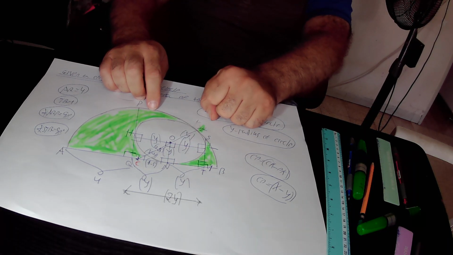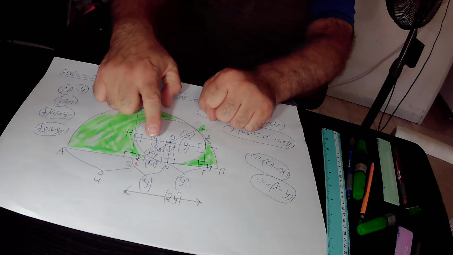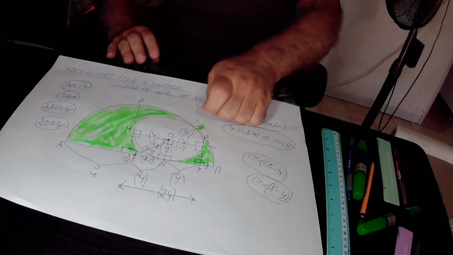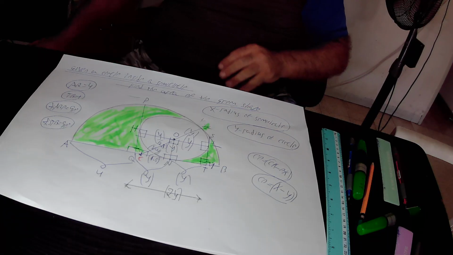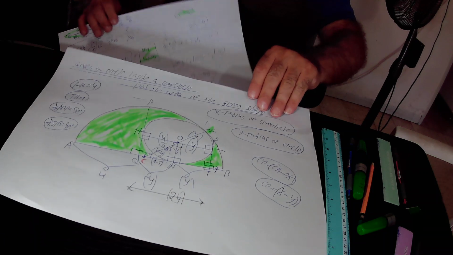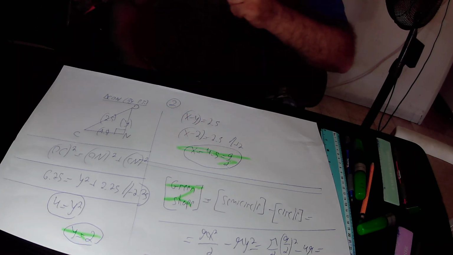In the next step, I copied the right triangle OCN onto a new page and implemented the Pythagoras theorem. According to the Pythagoras theorem, in any right triangle, the square of the hypotenuse equals the sum of the squares of the perpendicular sides.